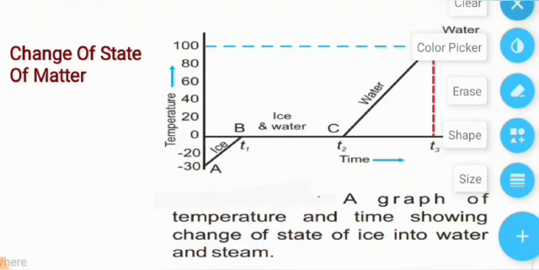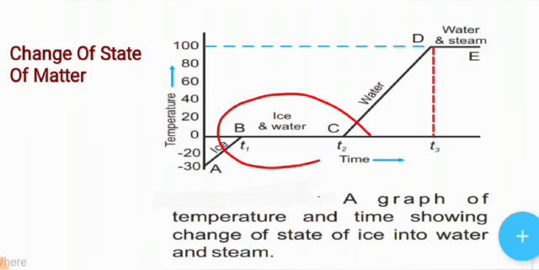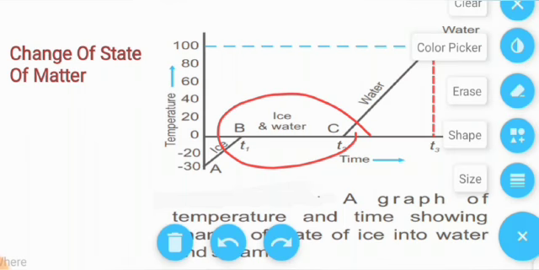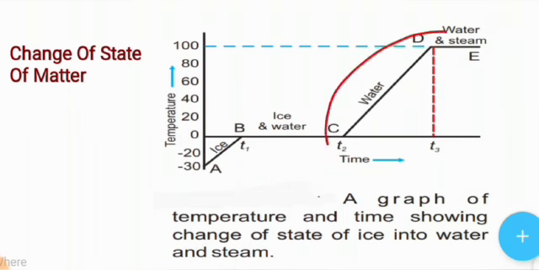Now students, look at the portion BC of this graph. When the temperature of ice reaches 0 degree centigrade, the ice water mixture remains at this temperature until all the ice melts.